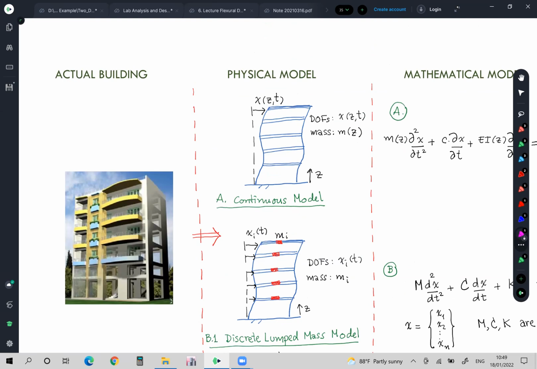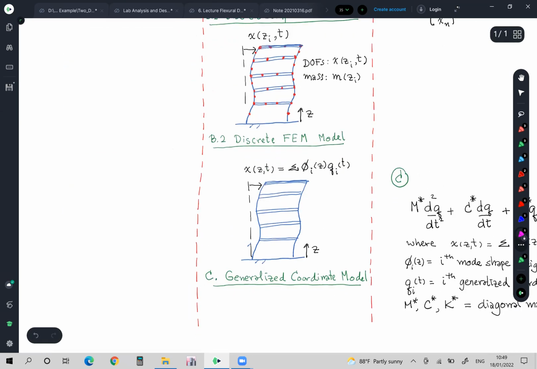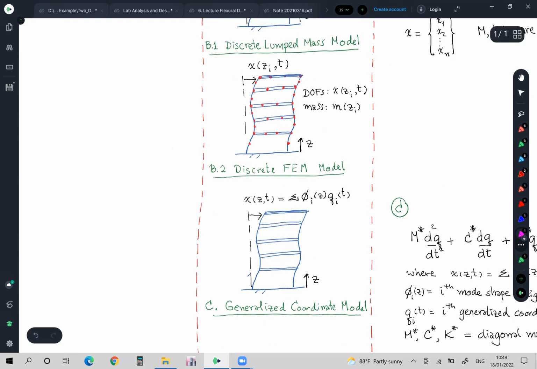Okay, where X is the movement of your buildings or structures, defined as a function of Z, the height of the building, and time T. But I do have some conditions imposed on these definitions of my X, which is quite different from the first model, the condensed model.